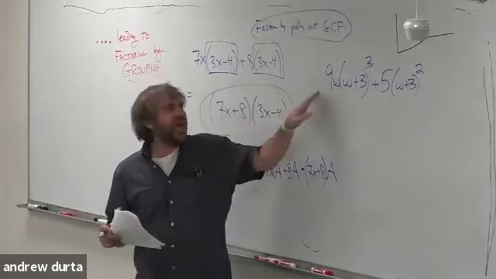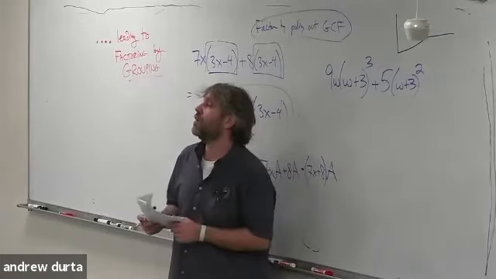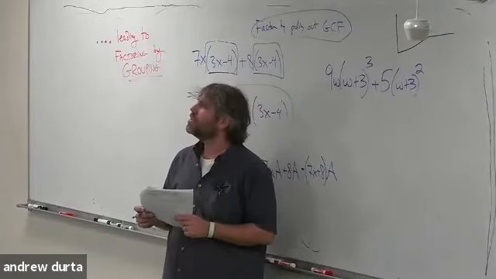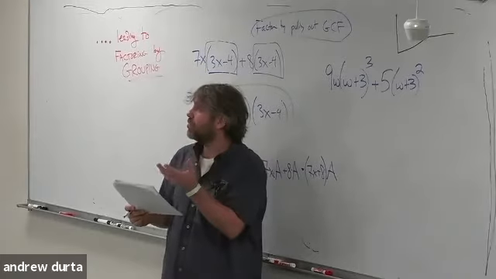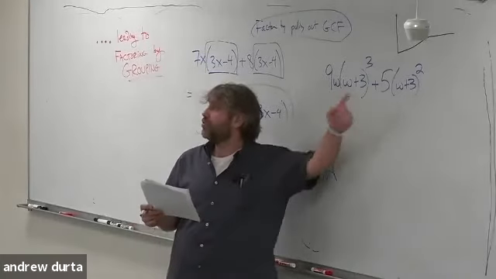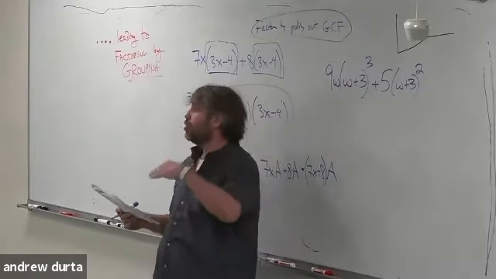It says 9w times w plus 3 all cubed plus 5 times w plus 3 all squared. So the common factor involves w plus 3. There are 3 copies of it here, and 2 copies of it here. So what's the common amount of it you could rip out? 2 of them.